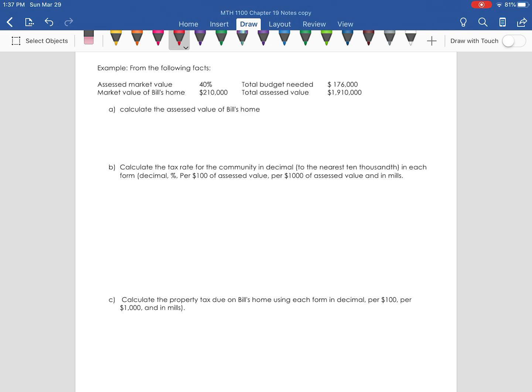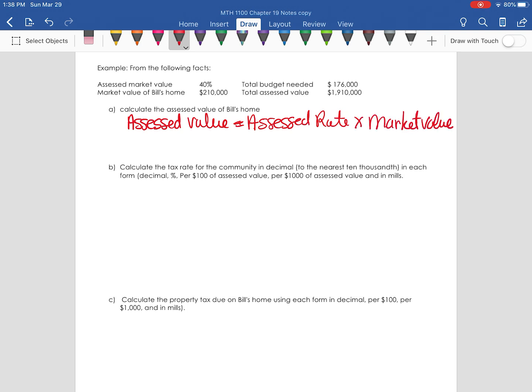Okay, next example. It's given information about the assessed value rate, the market value, the total budget needed, and the assessed value. Part A says calculate the assessed value of Bill's home. So the assessed value is always going to be the assessed rate times the market value.